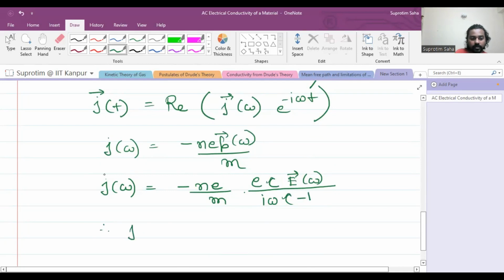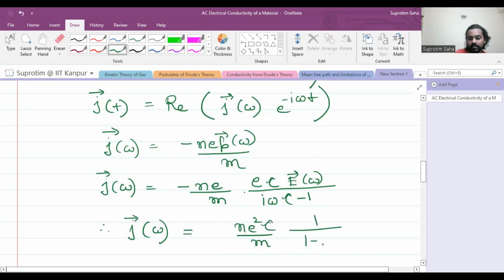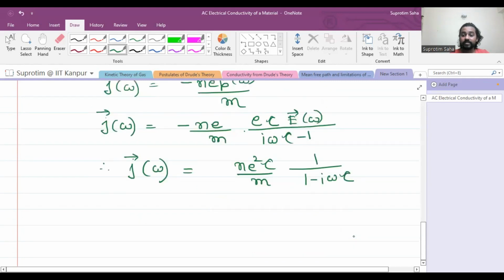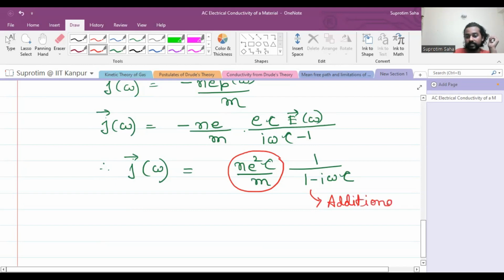Therefore, this is n e squared tau over m into 1 over (1 minus i omega tau). Interestingly, this n e squared tau over m, we got earlier. There is an additional term here for the AC applied electric field.